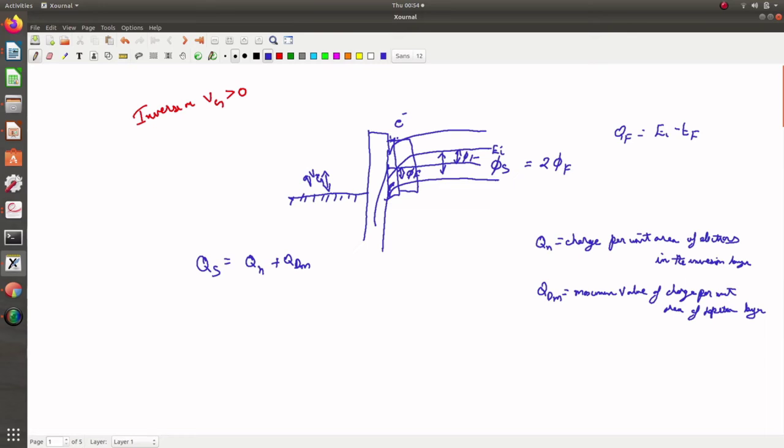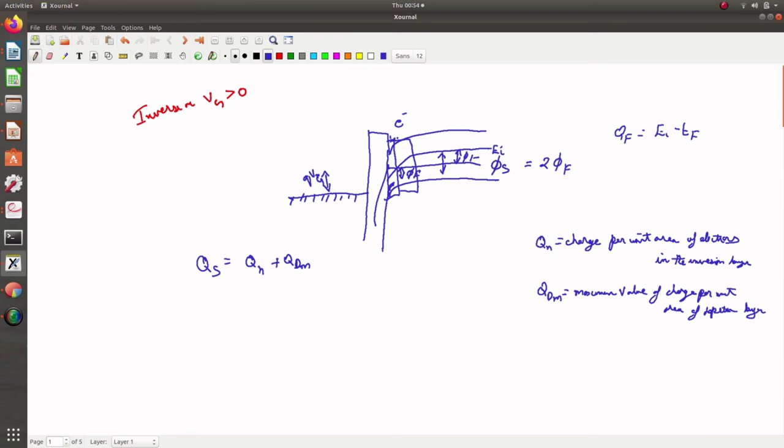So the total bending will be equal to 2 phi F. So this is the mathematical representation.